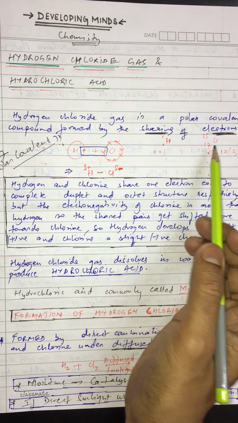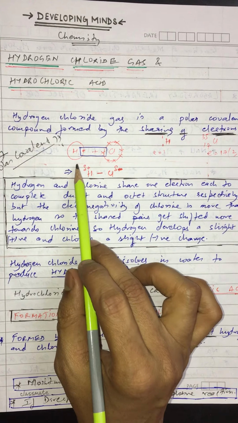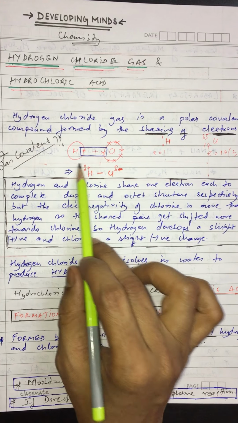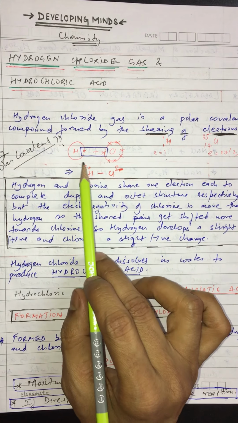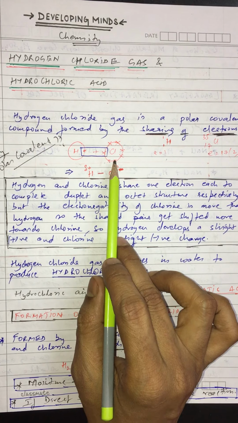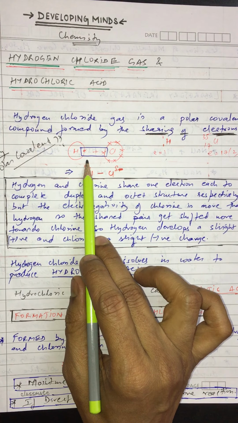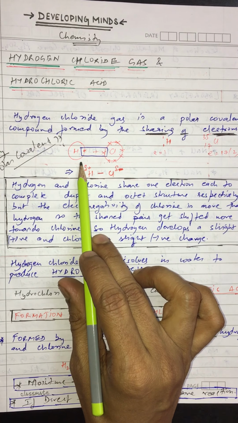The word polar means although the electrons are being shared, yet hydrogen and chlorine develop some charges. Why so? This is because of the difference in attracting power of electrons. Chlorine has more power of attracting electrons, that is, it has higher electronegativity, and hydrogen has less.